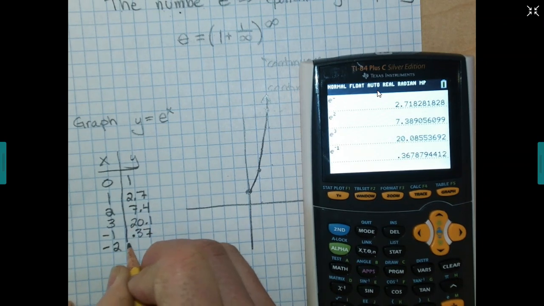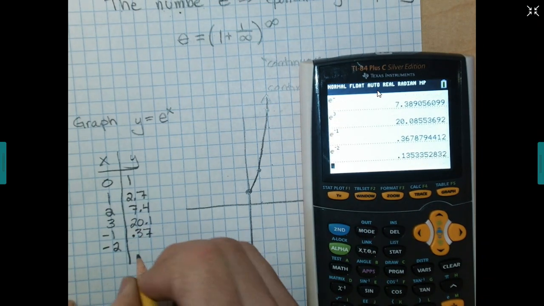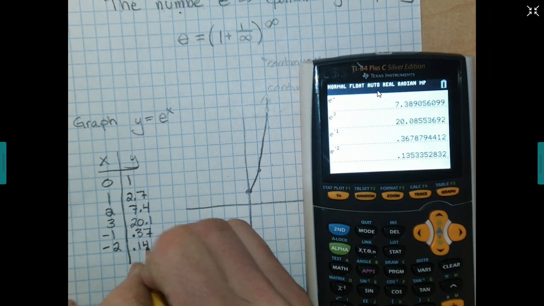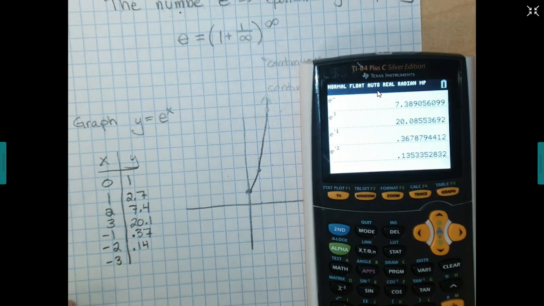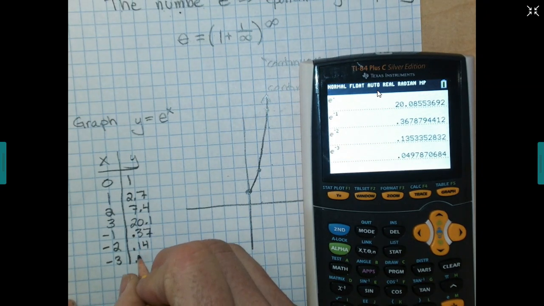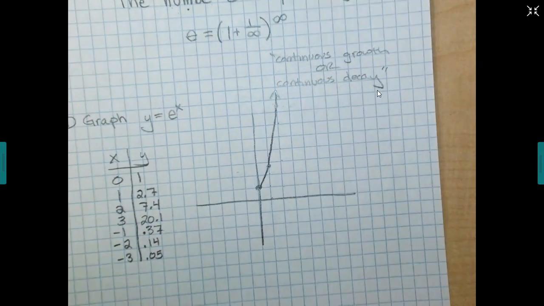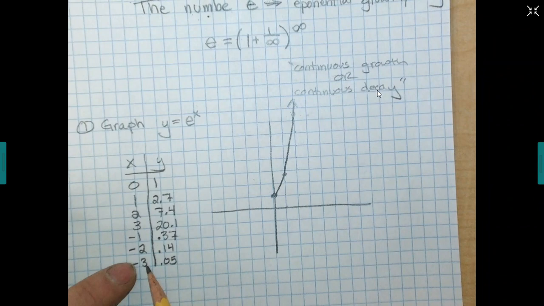Now, how about negative 2? E to the negative 2 is 0.14. And just so we see the pattern, e to the negative 3 is 0.05. So you can see that we are getting smaller and smaller, closer and closer to 0.